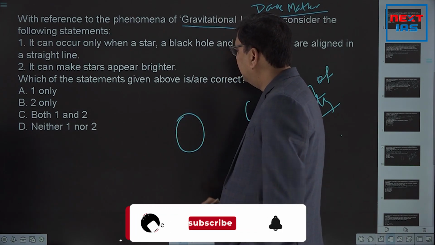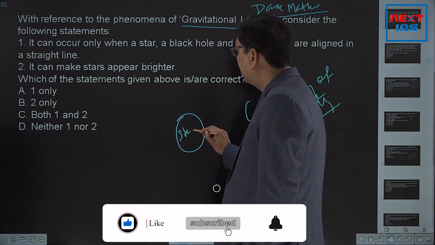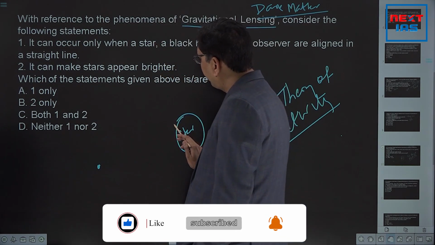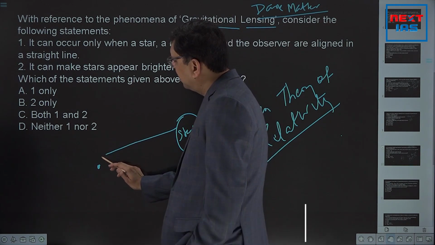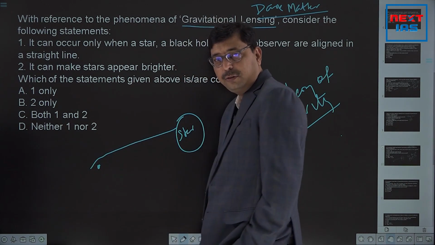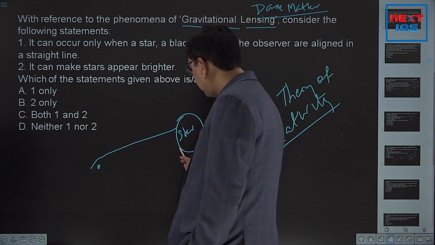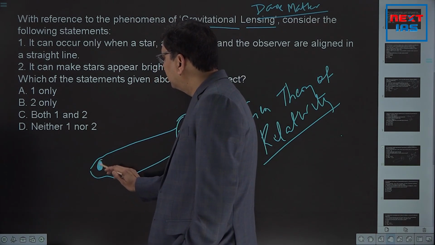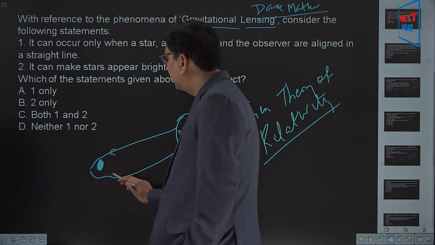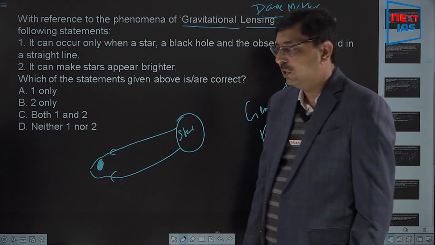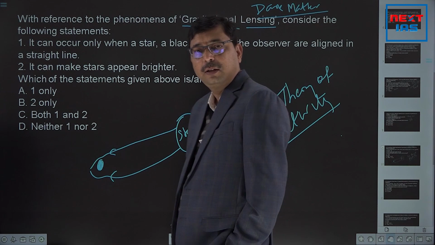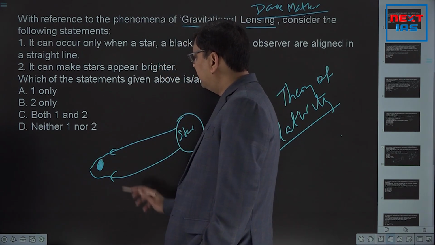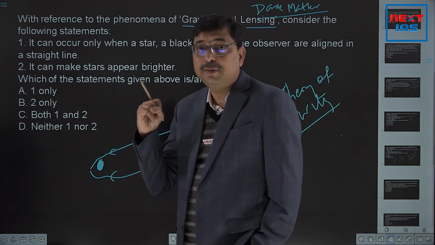See, this is a star, and here you have a black hole. Light is coming in a straight line, but the black hole causes light to bend. Light will bend around this black hole. So this bending of the light by the black holes or the dark matter is called gravitational lensing, and because of that, the star appears brighter.